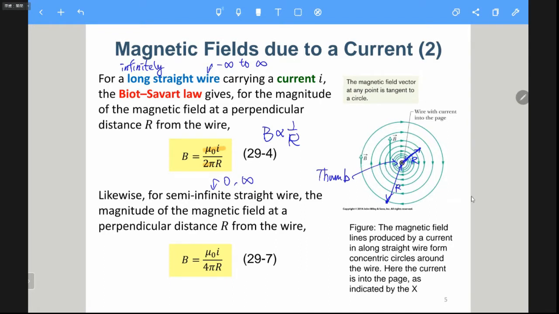So, for example, for this point, the magnetic field is pointing upward, which is the tangent line to the circle, and for this point, the magnetic field is pointing to this side. And of course, the magnitude of the magnetic field is inversely proportional to R, which means that if the point is closer to the current, then the magnetic field will be stronger, and vice versa.